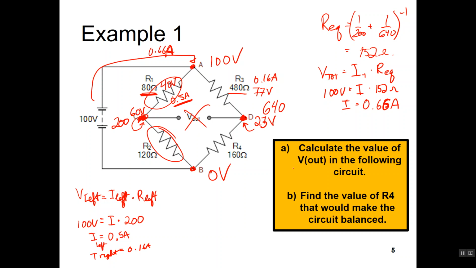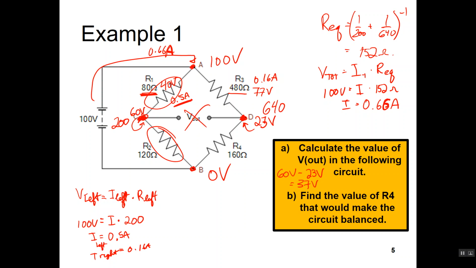Okay, so the answer here would be 60 volts minus 23 volts. That's equal to 37. And so if I had a resistor there, would there be a current going through it? Yeah, absolutely, because there is an unequal voltage distribution.